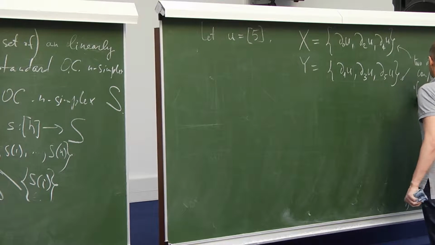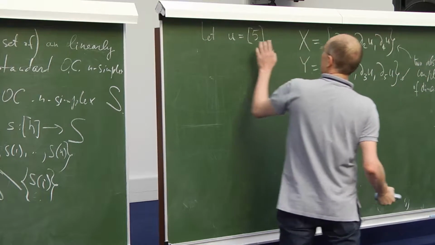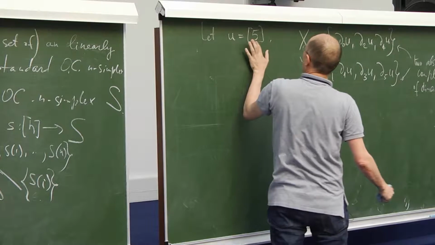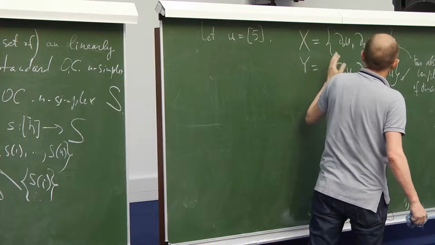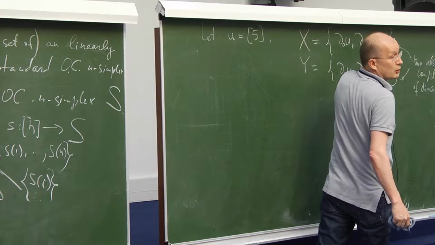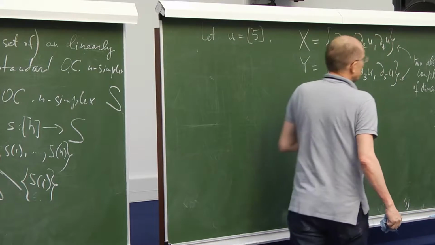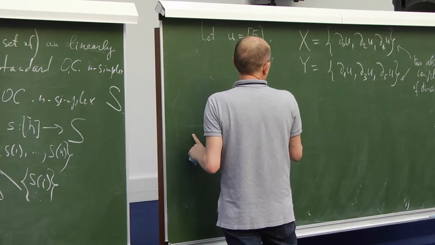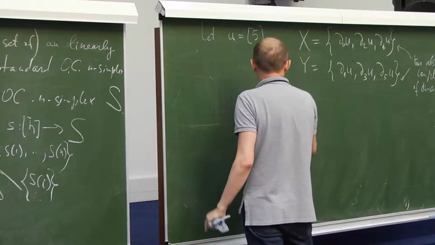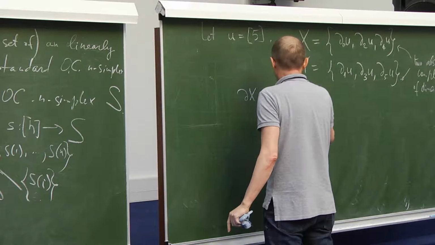This is of dimension 4, because we are studying the facets of a 5-dimensional simplex, so these guys are 4-dimensional. And then just think in terms of abstract simplicial complexes. And then we pick X and Y such that dX equals dY.